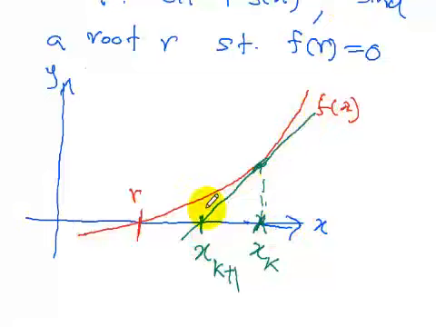This is the tangent line at xk, so its slope is f prime of xk, because this is the tangent line at the point xk.